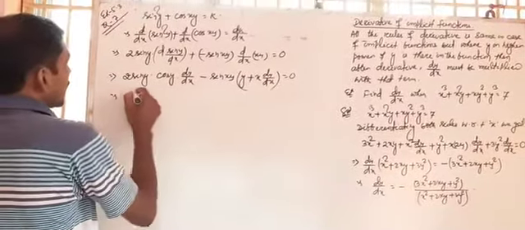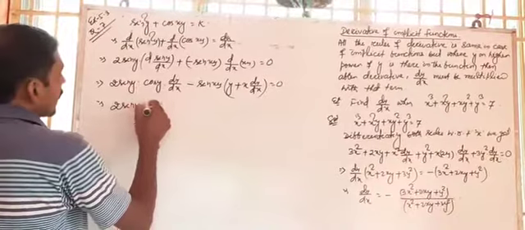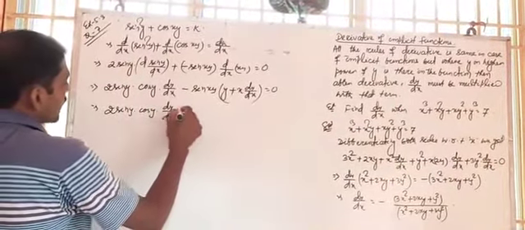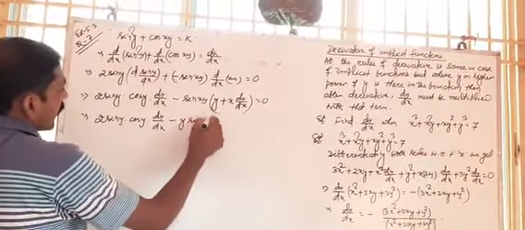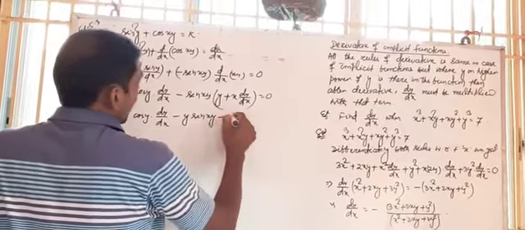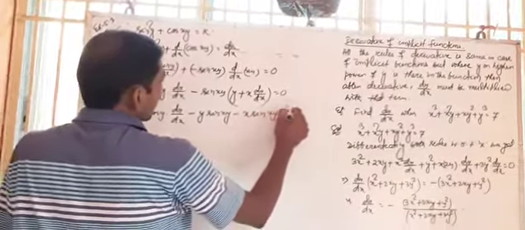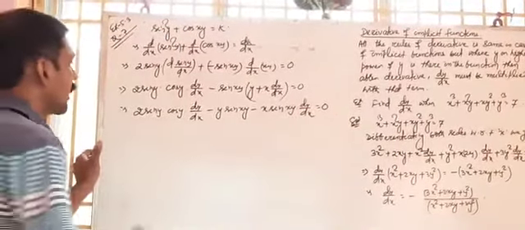Now open the bracket: it is 2 sin y cos y dy by dx minus y sin xy minus x sin xy dy by dx equal to 0.